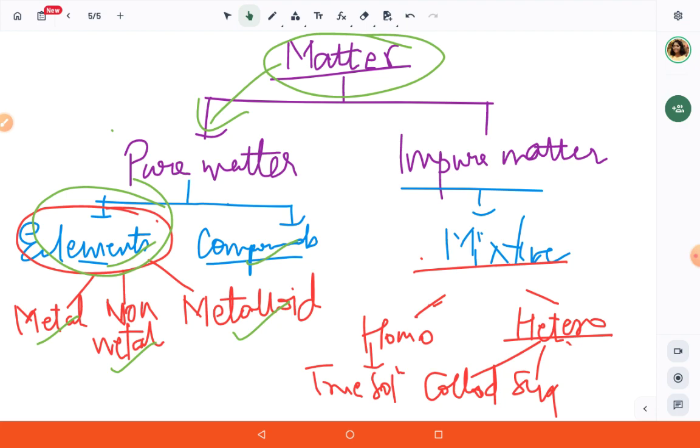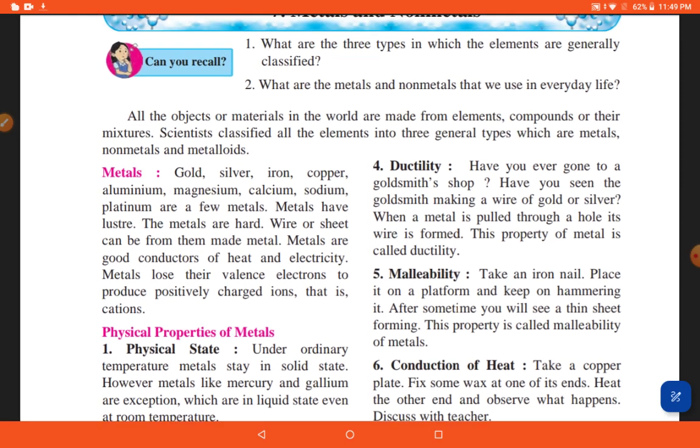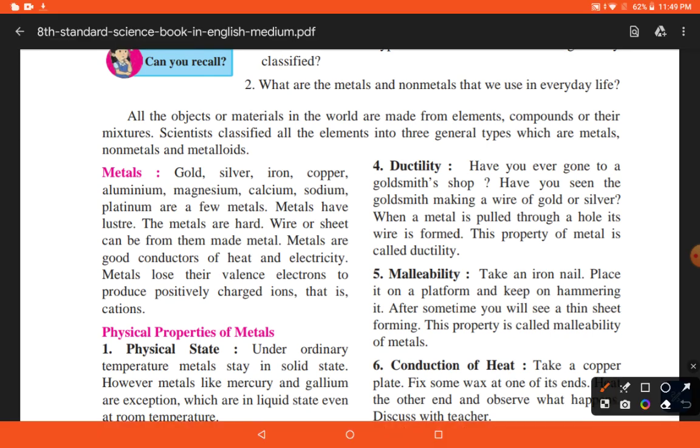So we know now that metals will consist of the same type of atoms. Similarly, non-metals will also consist of the same type of atoms, and metalloids also. Why? Because it's an element. An element is the purest form of a substance.